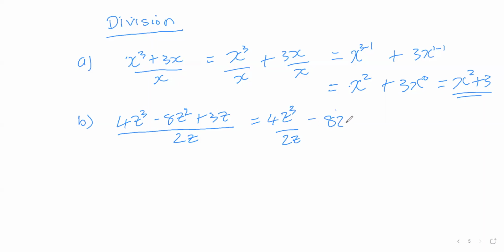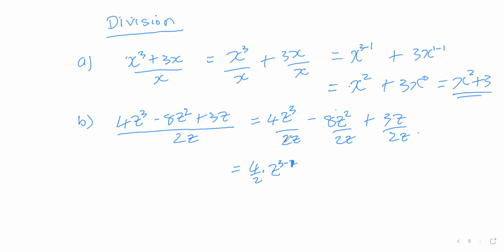Minus 8z squared over 2z plus 3z over 2z, basically. So this becomes 4 over 2 times z to the power 3 minus 1, by our laws of exponents.